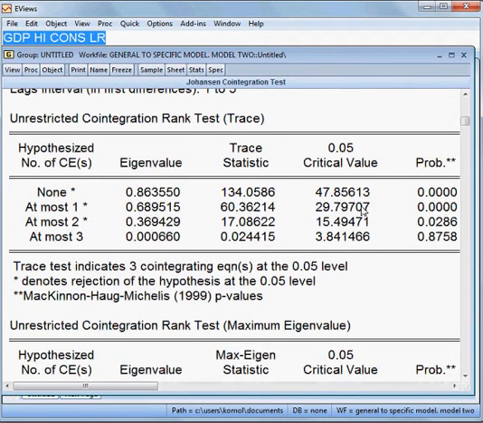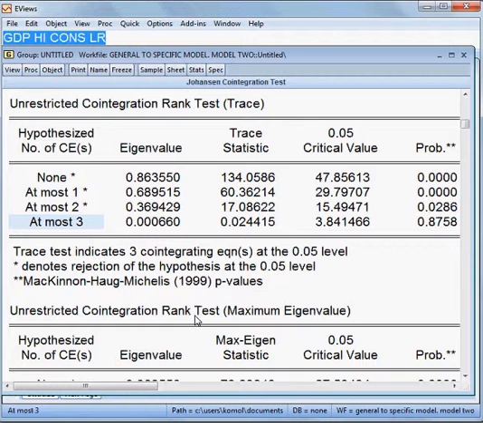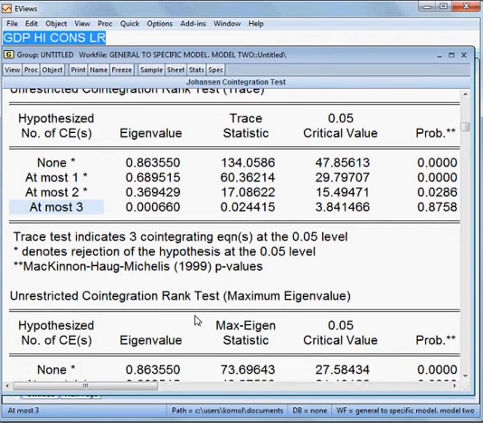How? Because the first one I can reject, second one I can reject, third one I can reject, but the fourth one, when there are three co-integrations, I cannot reject. So there are three co-integrated equations, or three error terms.